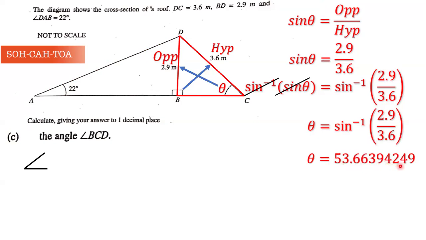But we want to write our answer correct to 1 decimal place. And so notice that here, this is 6. Since this is 5 or greater, we add 1 to the 6. So it's going to be 6 plus 1, 7. And so we have that theta is equal to 53.7. And that's the answer to this question. Angle BCD is equal to 53.7 degrees.